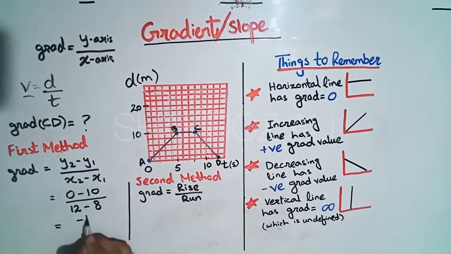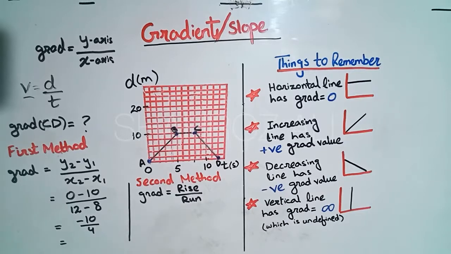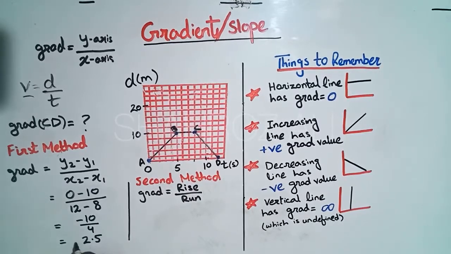So minus 10 over 4. By dividing, I think we get minus 2.5 meter per second.